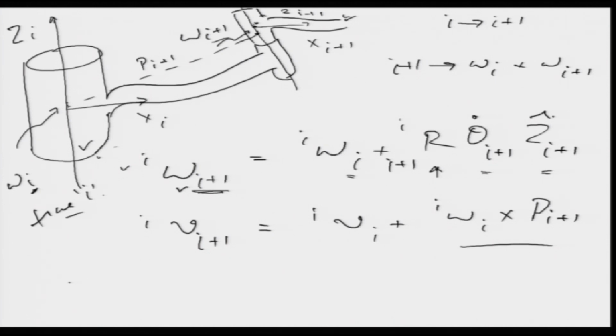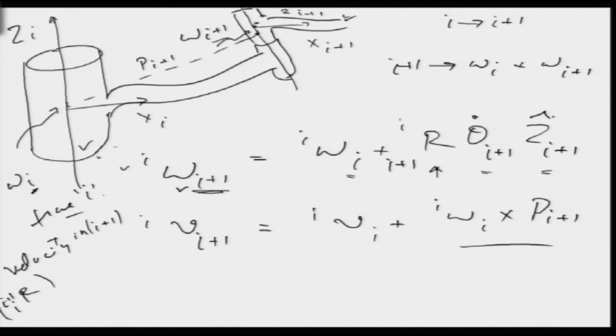So, velocities in i plus 1, because they are moving forward, right. So, what I do is I multiply both sides by the rotation matrix R i plus 1 to i, which is the inverse of i to i plus 1. I multiply both sides by this matrix and convert it to i plus 1.